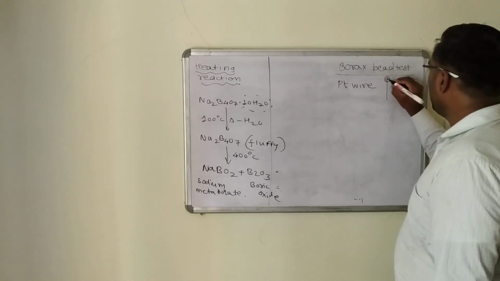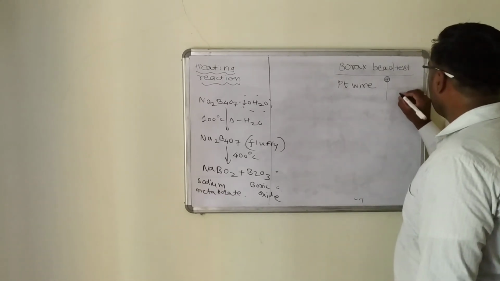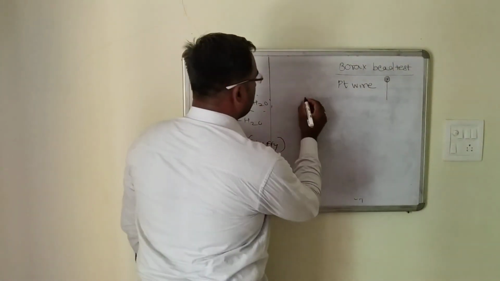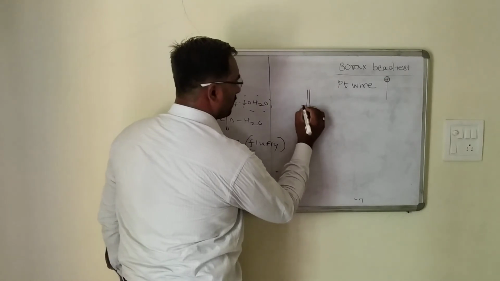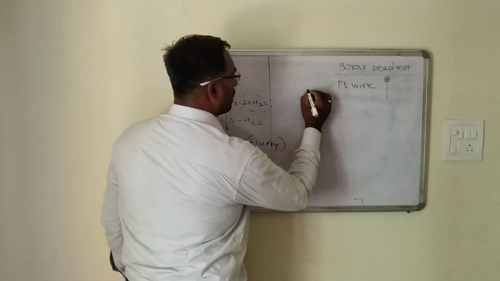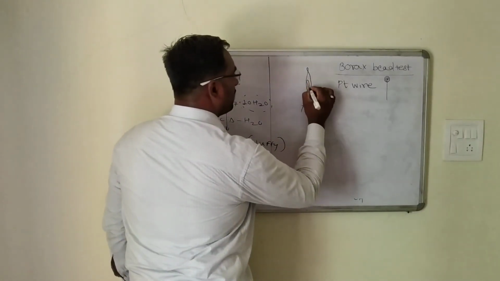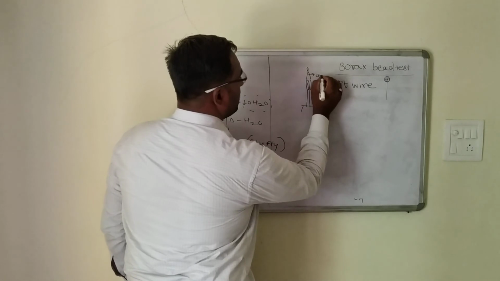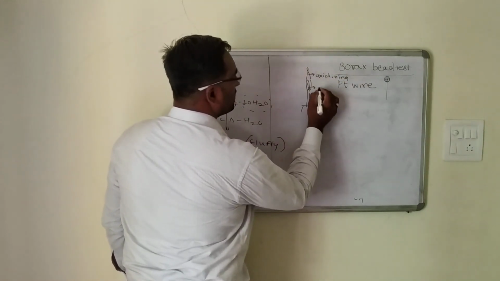So we can use the platinum wire loop, and we will require a Bunsen burner. This is our flame. We know that there are two types of flame. The outer part of the flame is oxidizing, and the inner part of the flame is reducing.